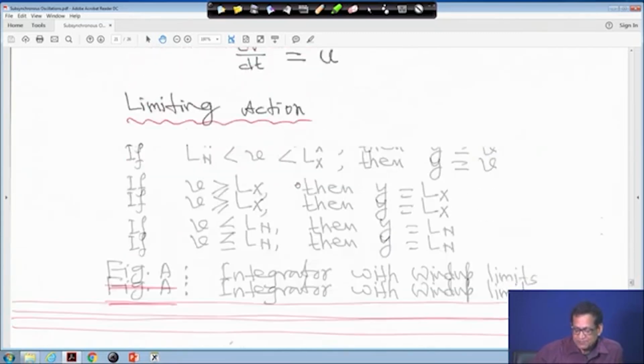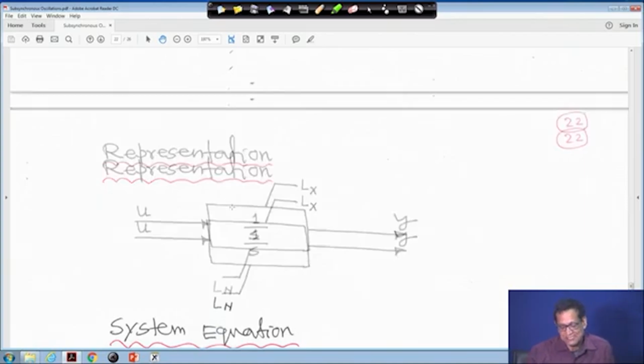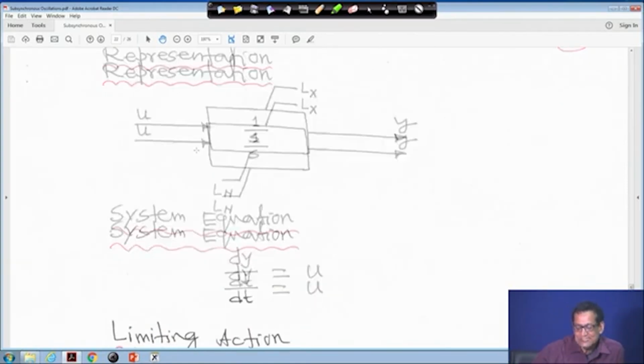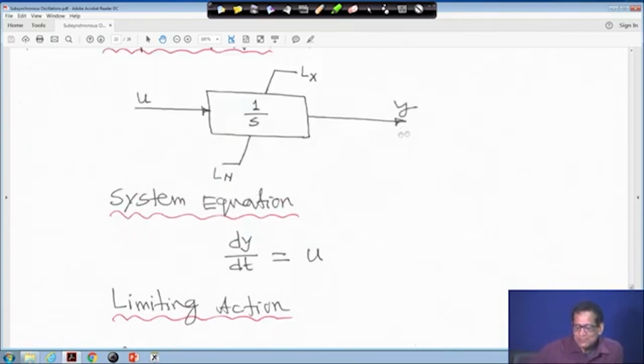Next is the representation of non wind up limits. In this case, the block diagram representation is like this. The input is u and the output is y, and we put the limiter like this, Lx and Ln. What does it actually mean? The equation will be dy by dt is equal to u, same as before, dv by dt equals u, but here there is no question of v, it is dy by dt equals u, with limits Lx and Ln.